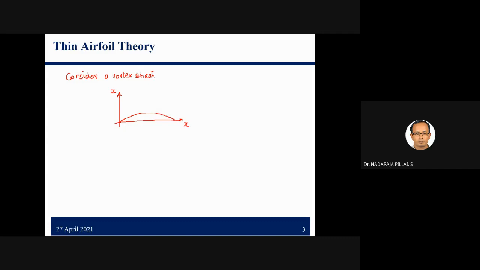And I consider a vortex sheet on the camber line of an airfoil. Please follow and please derive with me.